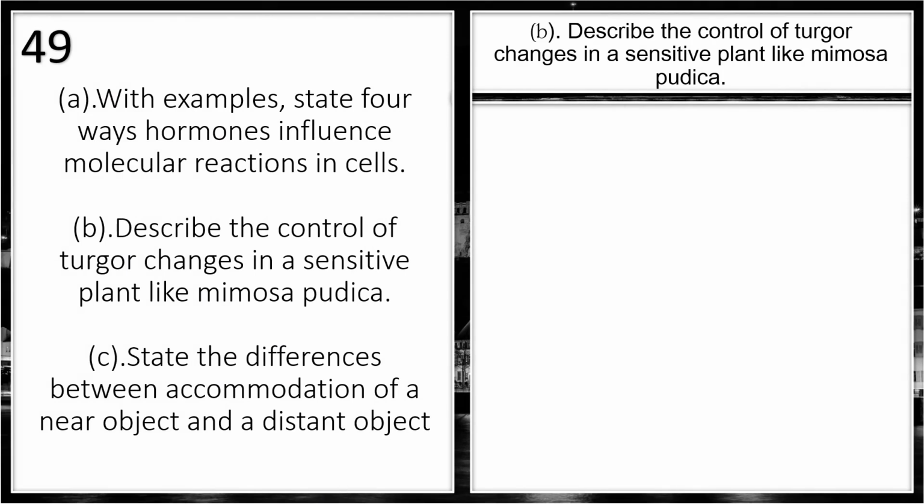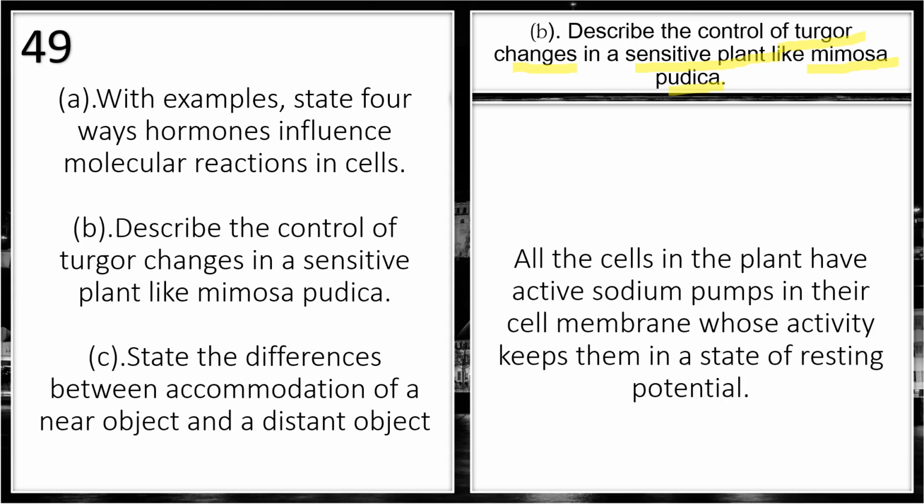Describe the control of the turgor changes in a sensitive plant like Mimosa pudica. All cells in the plant have active sodium pumps in their cell membrane, whose activity keeps them in a state of resting potential.